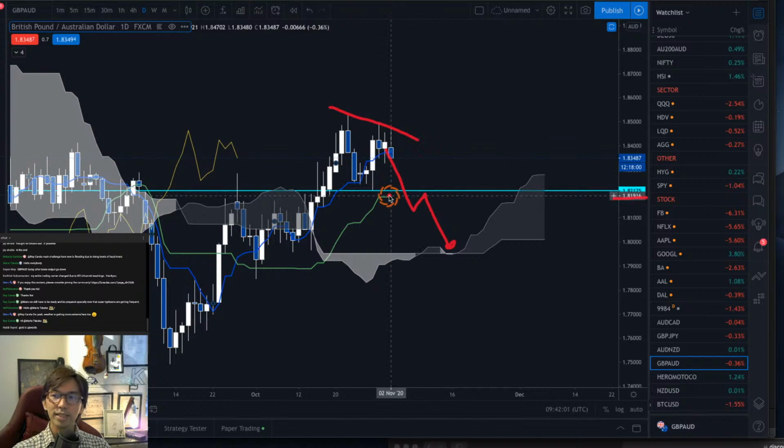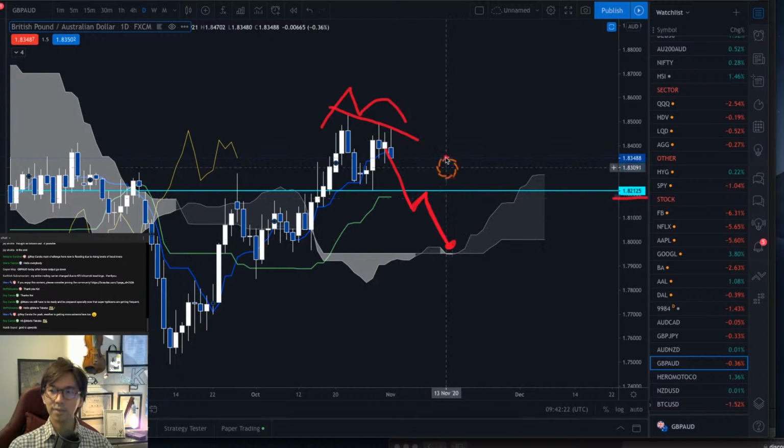So Kijun-sen flat, Kumo flat right now. The idea is that the price might come back to the Kijun-sen or Kumo. As a result, after you see this neckline break, you can conclude that this was a double top, and the market might continue to go down afterwards and reach the Kumo.